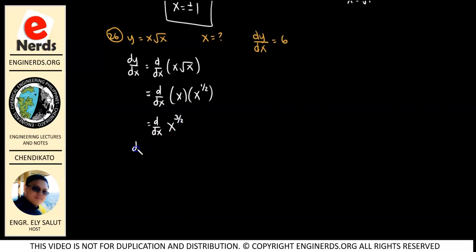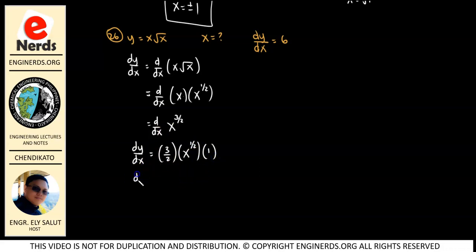So, we have dy over dx is equal to 3 over 2. Then, x to the 3 over 2 minus 1 will be equal to 1/2. Right? So, we have 1/2. Then, derivative of x is equal to 1. Okay?